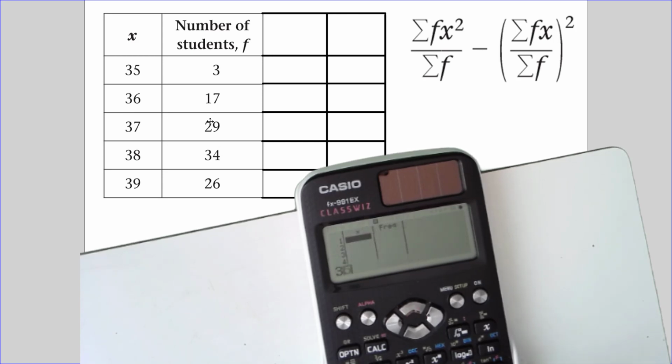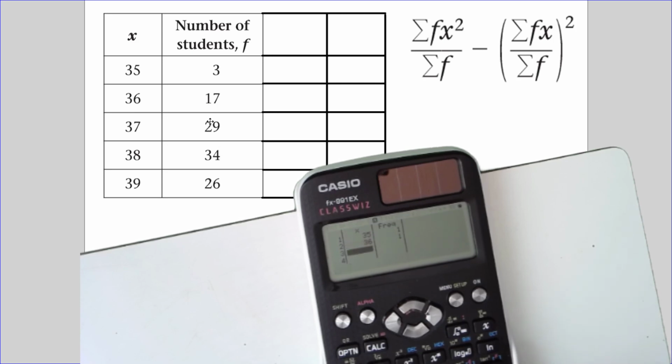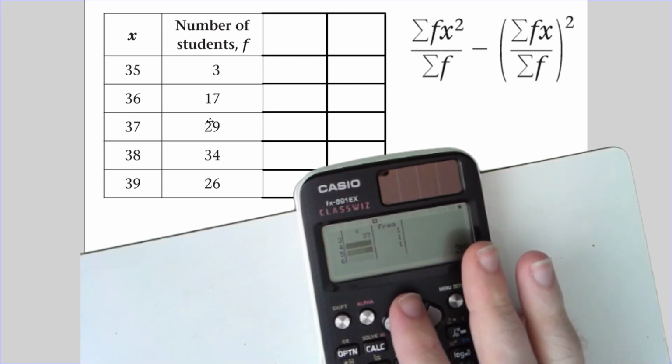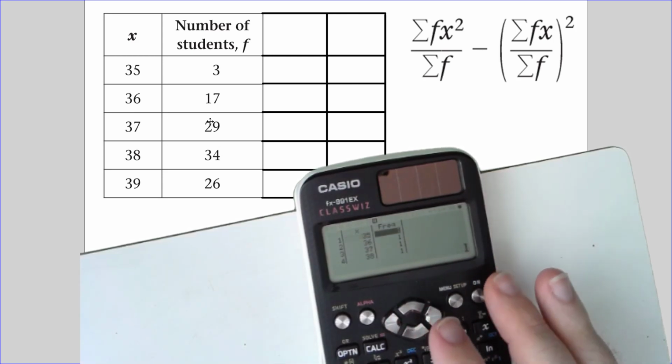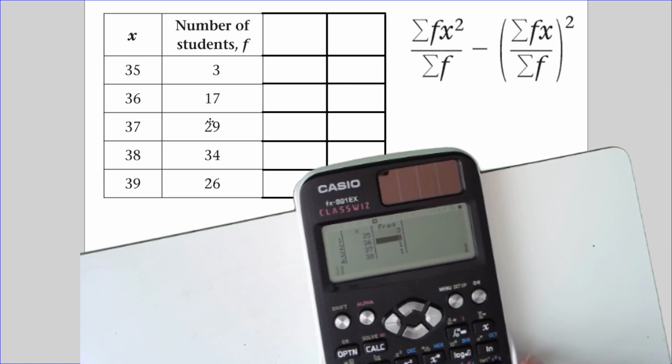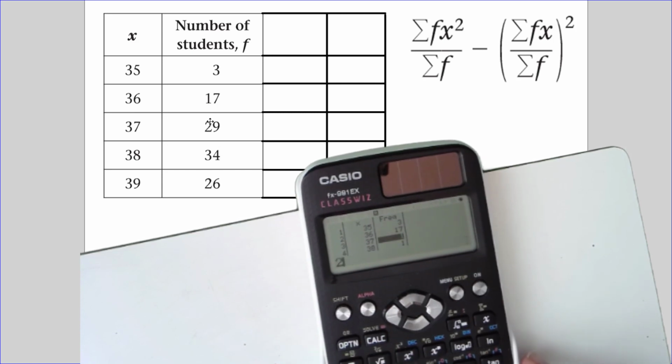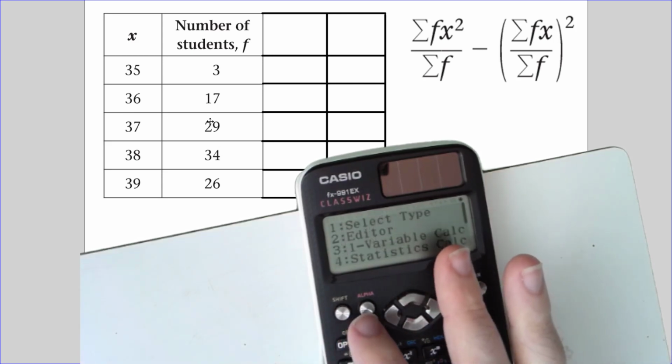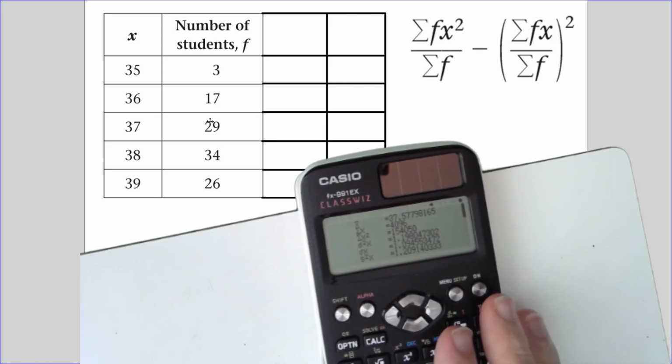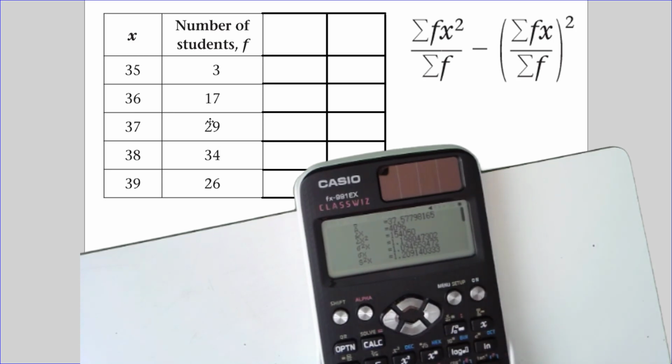So we've got 35, 36, 37, 38, 39. We're going to change the frequency column to match. So we've got 3, 17, 29, 34, 26. Option, one variable calculation, and straight away we get our information.